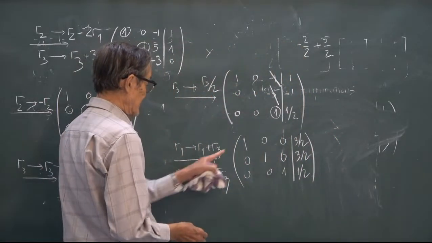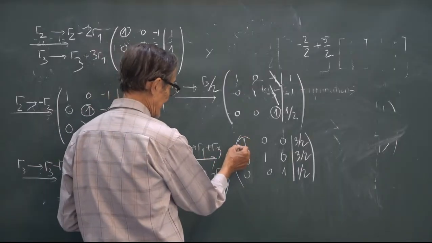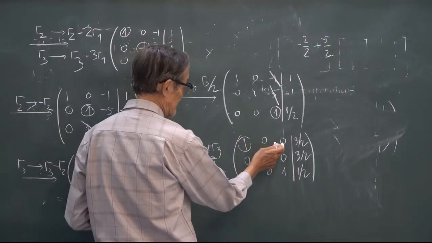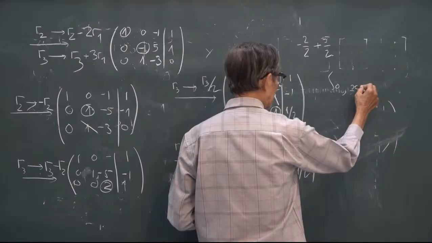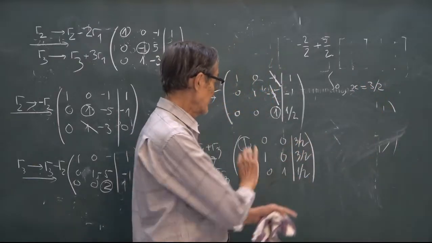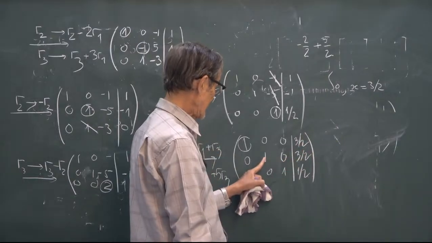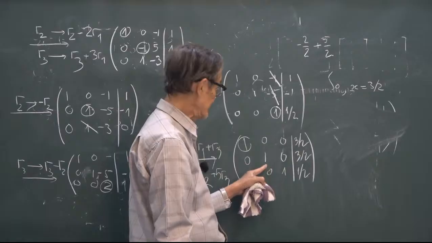So easily you can see the result: 1x, 0y, 0z. This is the number on the right-hand side. One in the second row, column, means 1y.